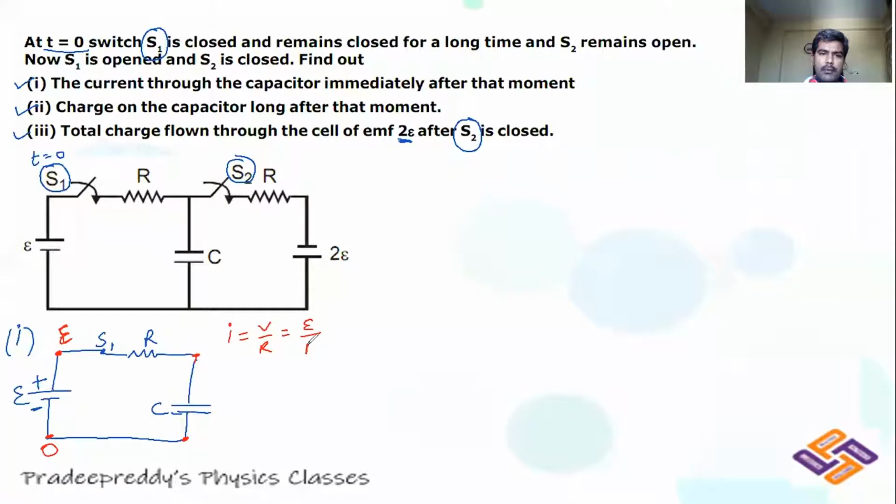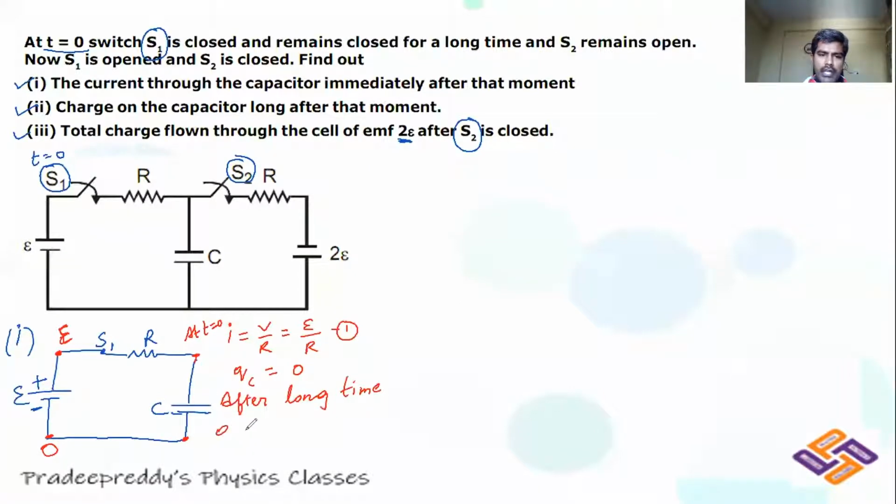This is number 1. So at t equal to 0, the current in the circuit is equal to E by R. And what about the charge on the capacitor? The charge on the capacitor will be equal to 0 when time t is equal to 0. Now after a long time, this capacitor is fully charged.